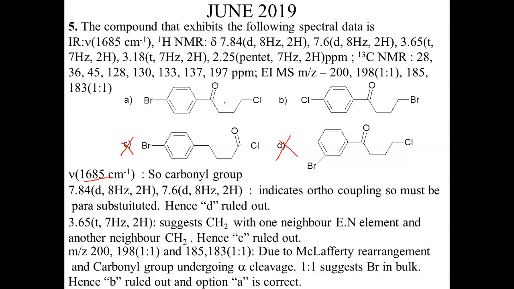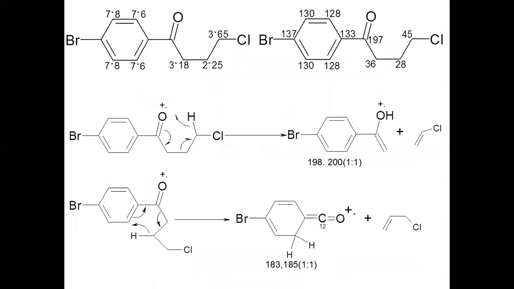Since this molecule has a carbonyl group with alpha, beta, gamma positions, it can undergo McLafferty rearrangement to give you a stable carbonium ion. In that way, the bulky group has to contain bromine. So you can omit option B and your answer will be. So it's very easy. But anyway, as I said, you go back and recheck it.